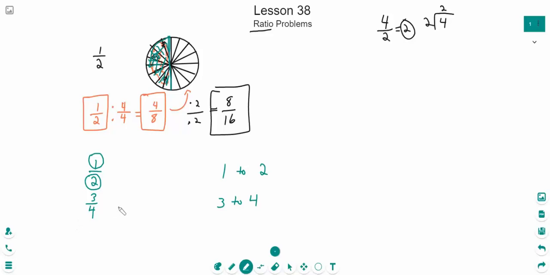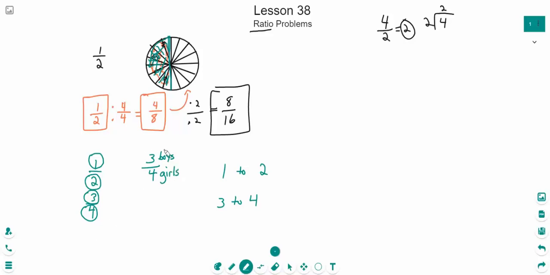So for every 3 of something, we have 4 of something else. And those somethings could be whatever we're interested in. So maybe in a certain classroom, for every 3 boys, there are 4 girls. We would read that as 3 to 4. 3 boys to 4 girls.